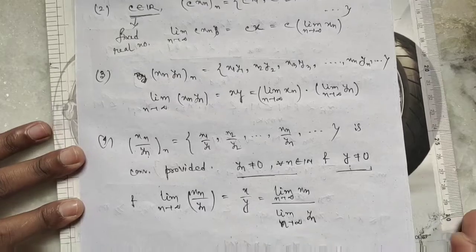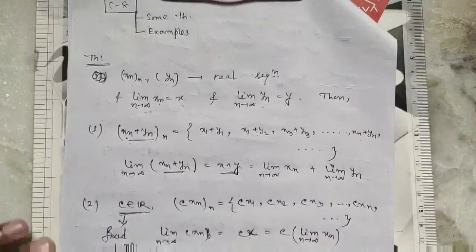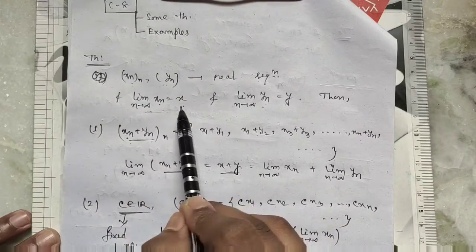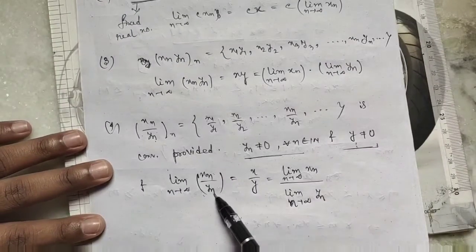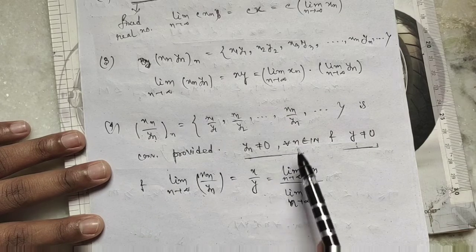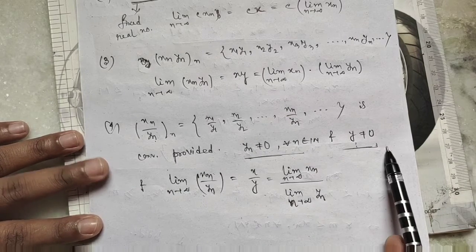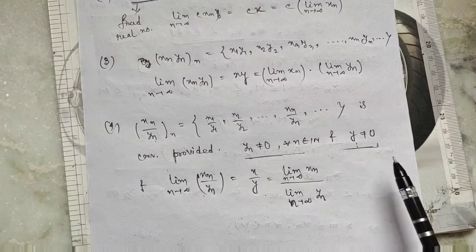Clear? If xn converges to x and yn converges to y, then xn by yn converges to x by y, provided each yn is not equal to 0 and y is not equal to 0.